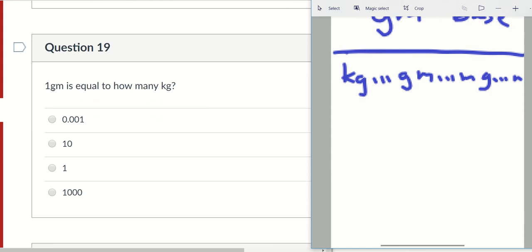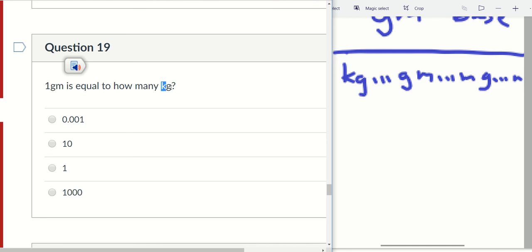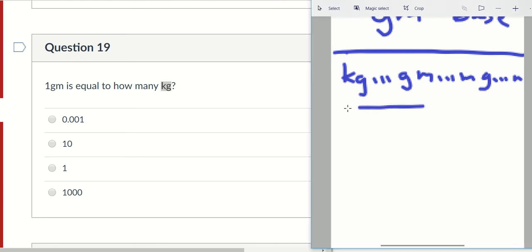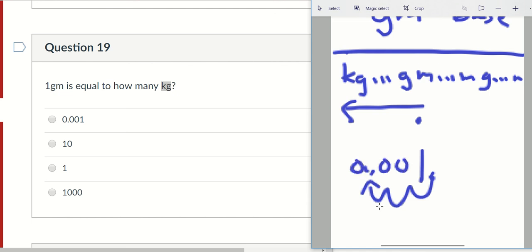So for example, here you're converting from grams to kilos. So going from grams to kilo on this chart, we have to move our decimal point 3 spaces to the left. 1, 2, 3. All right, so there's its new home.